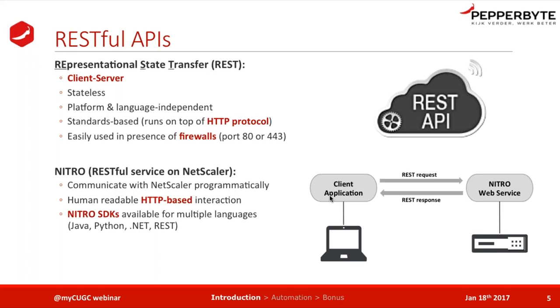And even more particularly, I can download some NITRO SDKs from my NetScaler that allow me to use multiple programming languages, like Python or REST itself. And in my case, I've been using PowerShell to run native REST calls from my PowerShell script to the NetScaler.